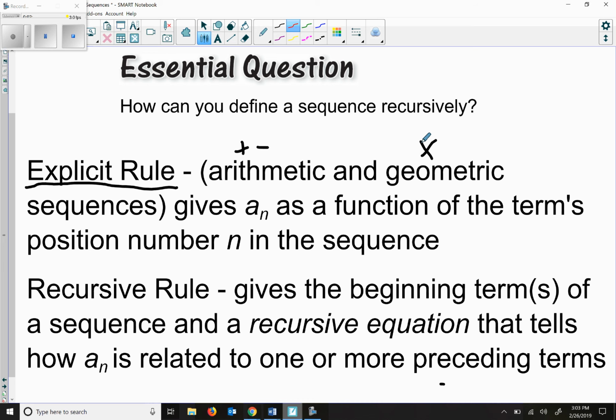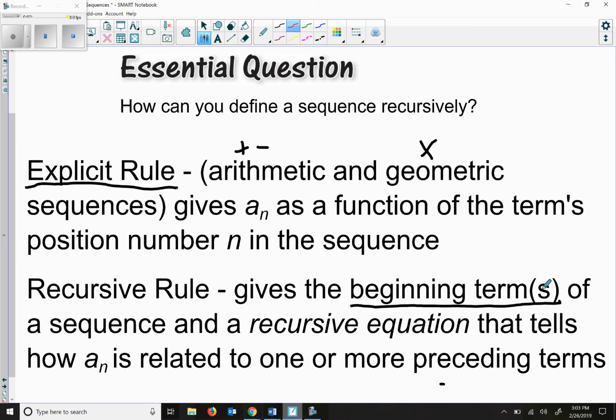And then the recursive rule gives the beginning terms of a sequence. That's important for us to know. You are given the beginning term, and in some instances you're going to have to give the first 2 terms of a sequence, and those type of problems will be the last ones that we cover.